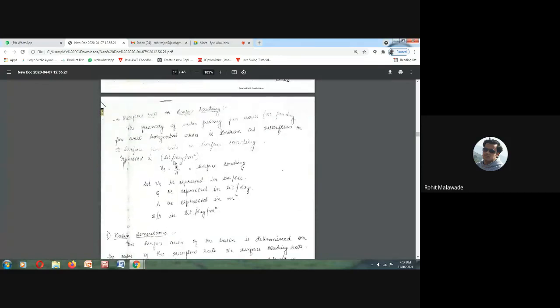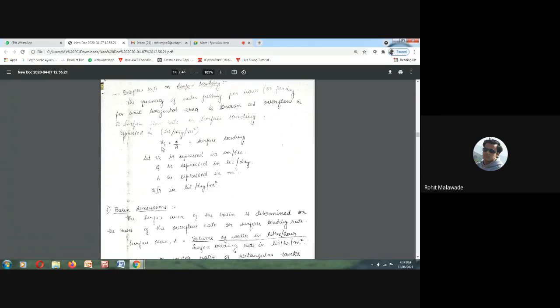Now, overflow rate. It is the quantity of water passing per hour per unit horizontal area that is known as overflow rate, or surface loading.